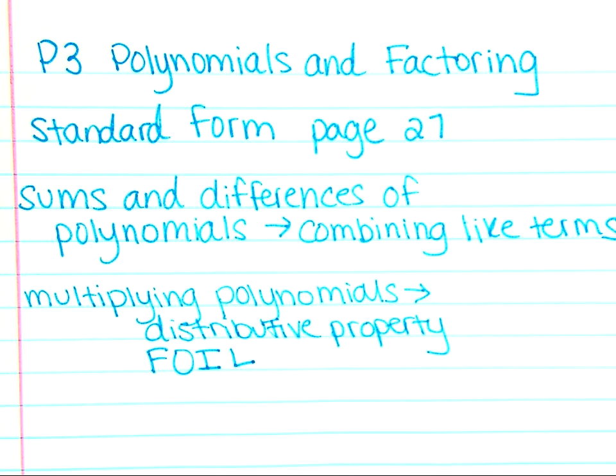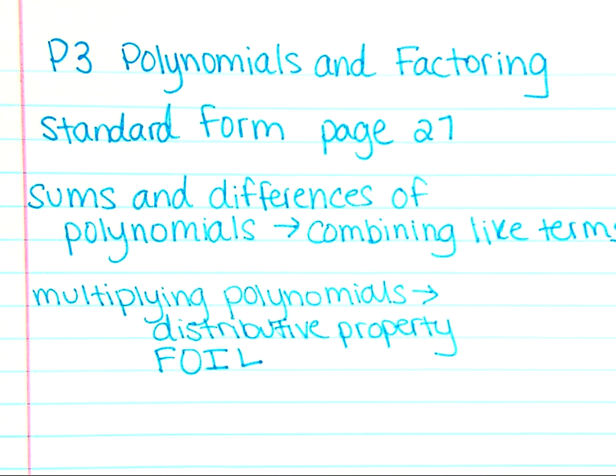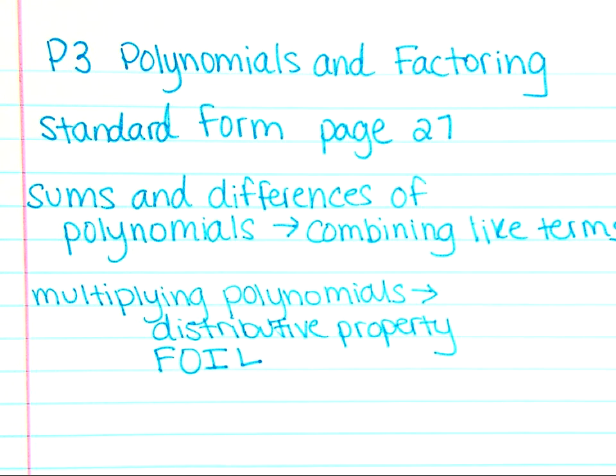Okay, so I am not going to talk about combining like terms, distributive property, or FOIL. I may link some resources on the website for you if you need help with those, but I'm hoping that we don't necessarily need help. I'm hoping that most of the things that we need today have to do with our factoring. So let's get into talking about factoring.